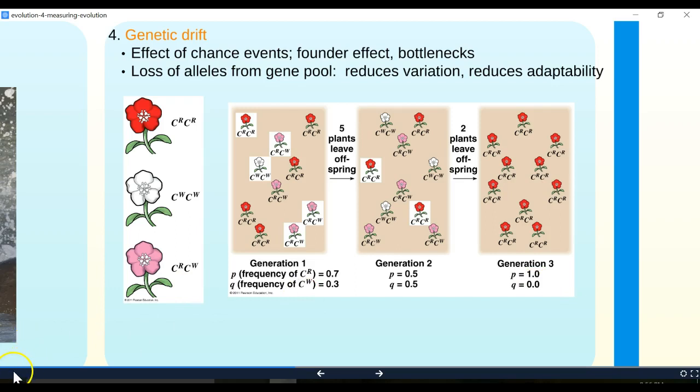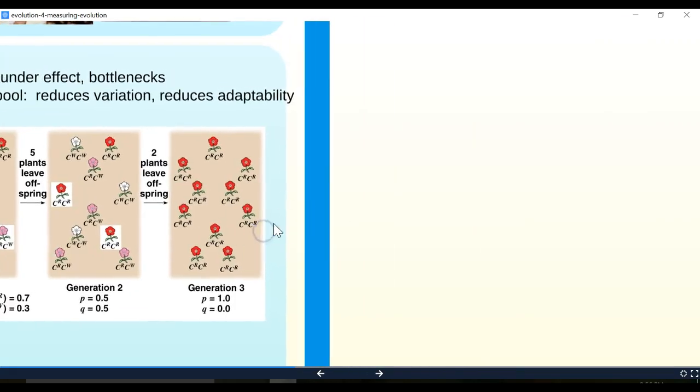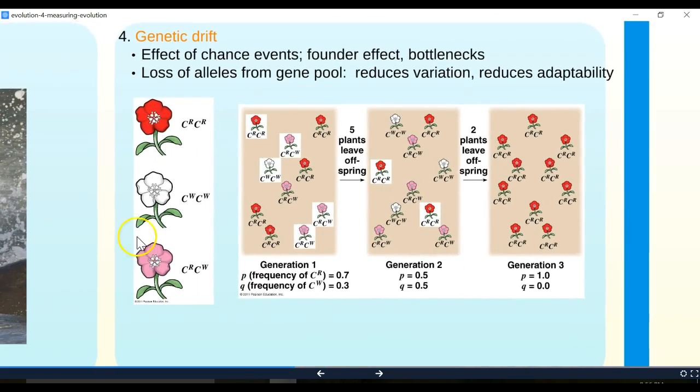And this is due to genetic drift. This population is so small that it's very easy to drift in one direction or another. In this case, it drifted toward the red alleles, and this was not due to them being better suited to the environment. It was literally just chance of reproduction.